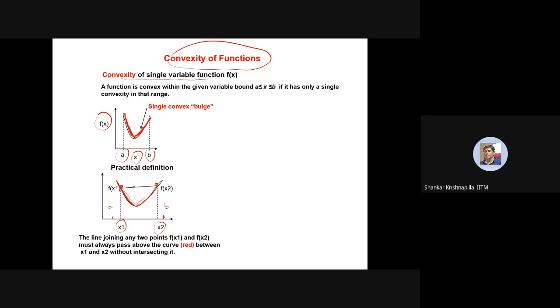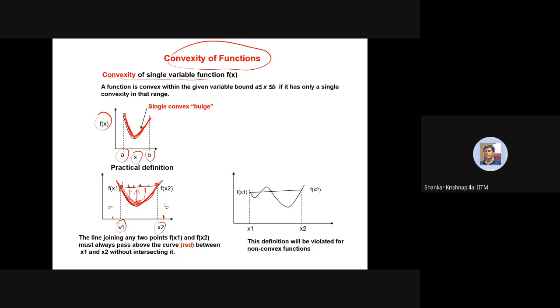Any interpolated points on the line joining f of x1 and f of x2 must lie above the curve. None of these points should touch the curve. All these points should be above the curve between f of x1 and f of x2. Then it will be convex within that range.